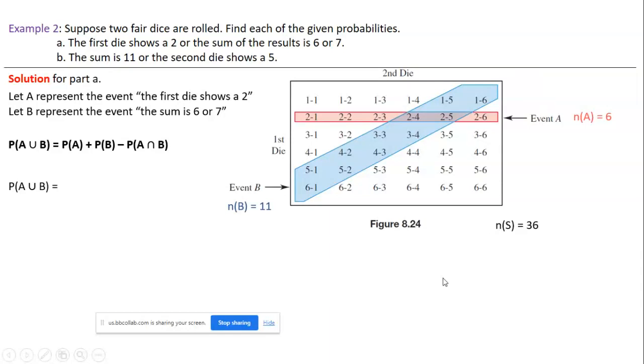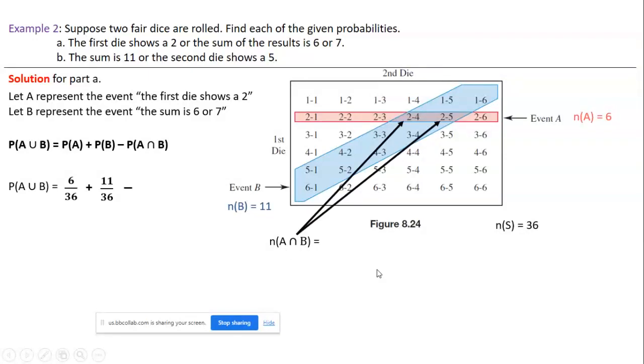So let's go ahead and put everything together. The probability of getting just a 2 first is 6 over 36, plus the event of it being a sum of 6 or 7 is 11 over 36, minus the subtraction of the two duplicates. And again, the intersection of A and B are that 2,4 and 2,5, right?